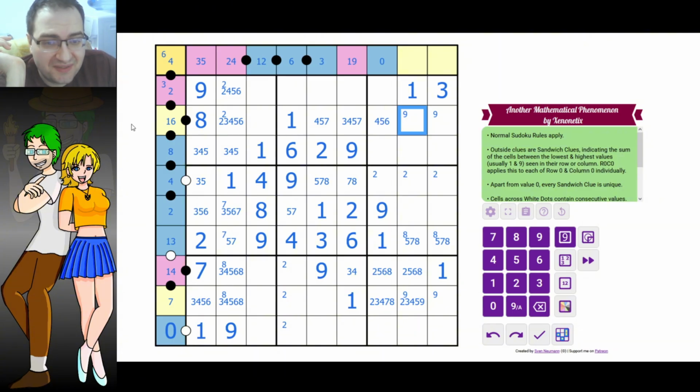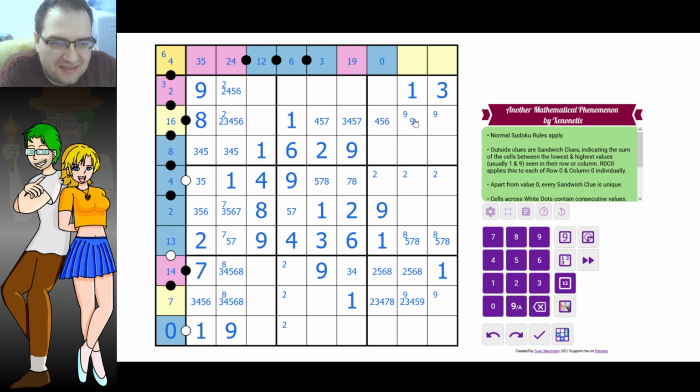And this is possible because these cannot be 6, but one of these could be a 6. Okay, see? So again, if this is a 9, this is always a 9. This is a 9. If this is not a 9 and this is the 9, this can be a 2, which we need a 2. It cannot be a 3, because this will be the 3.